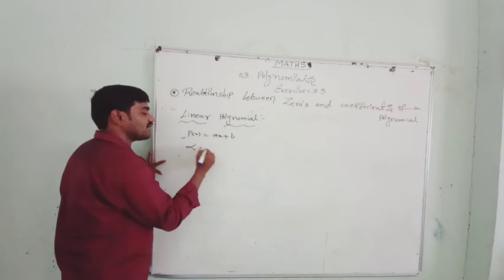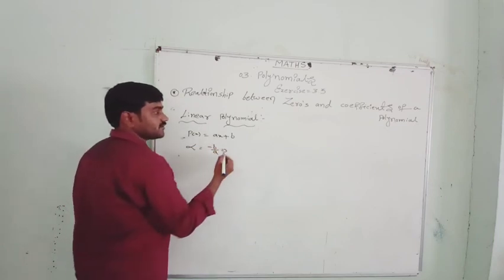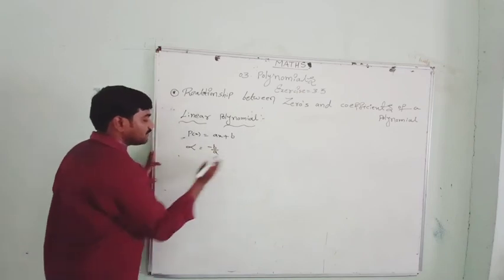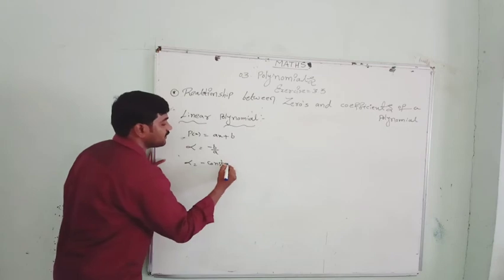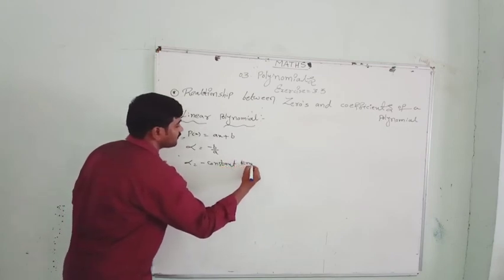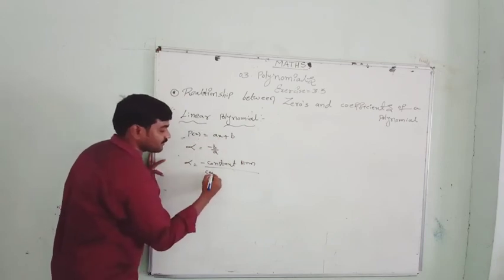There is only one zero, let us assume alpha or x. Alpha equals minus b by a. Only the relation with the zero I am writing. Minus b by a is nothing but minus the constant term by a, which is the coefficient of x.